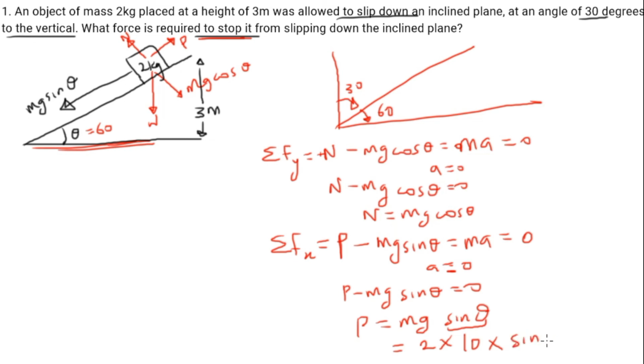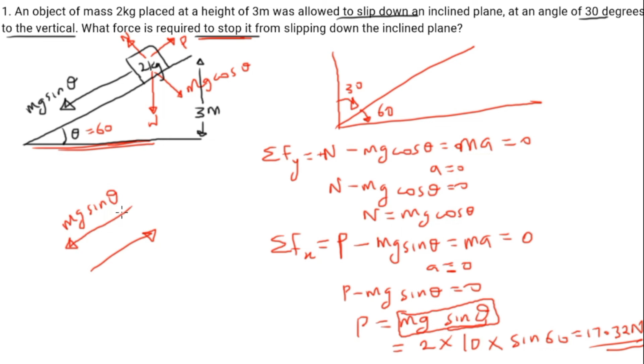So P is 17.32 Newton. If P is more than 17.32, then it will take the object upwards, because actually mg sine theta makes the object slide in this direction. If we need a force that will stop the object, then we need an equal amount of force to stop this object.